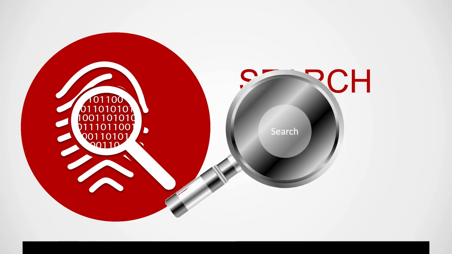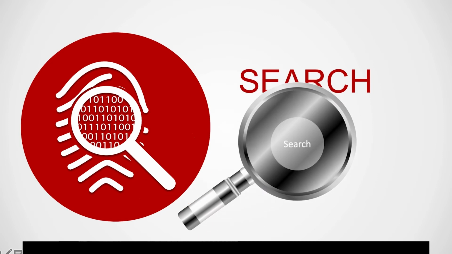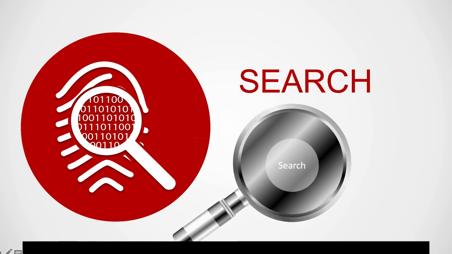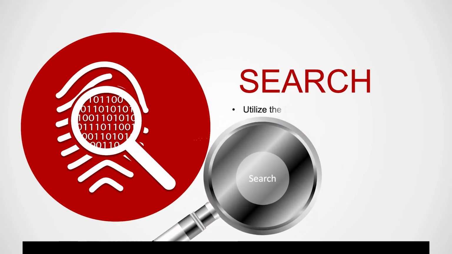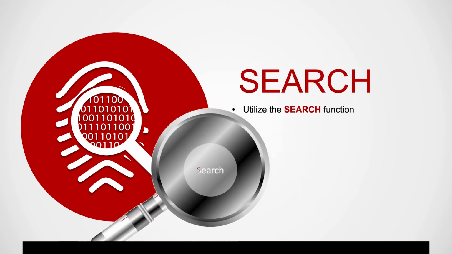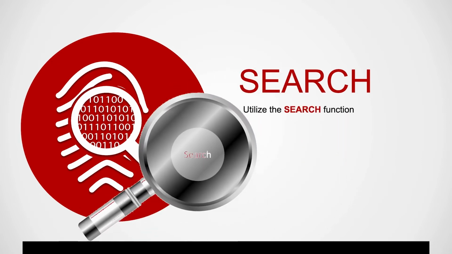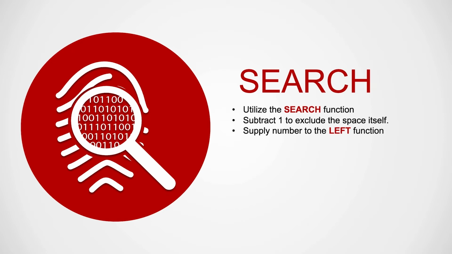We can use the search or find functions to get the position of the space character in a cell, from which you subtract one to exclude the space itself. This number is supplied to the left function as the number of characters to be extracted starting on the left side of the string.